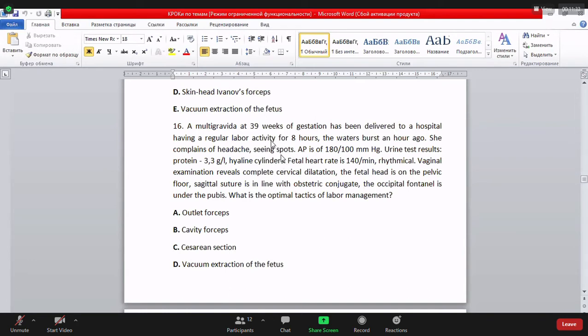Disorders of vision is a severe symptom because it is one of the symptoms of a beginning of edema of the brain, and that's why it is severe.